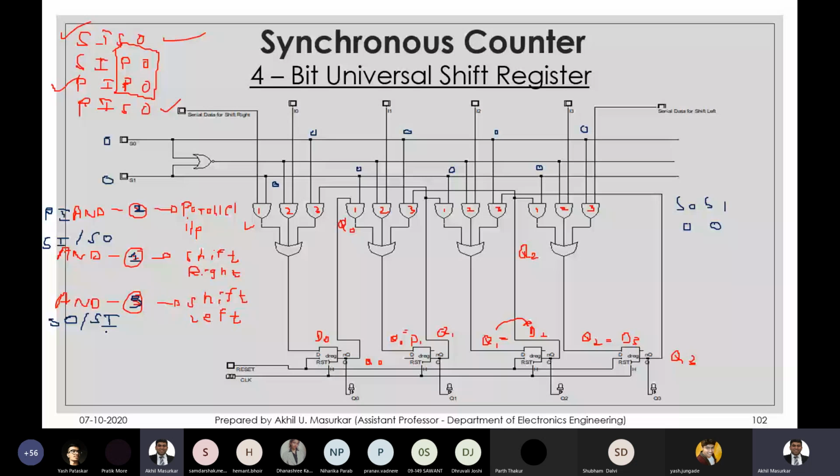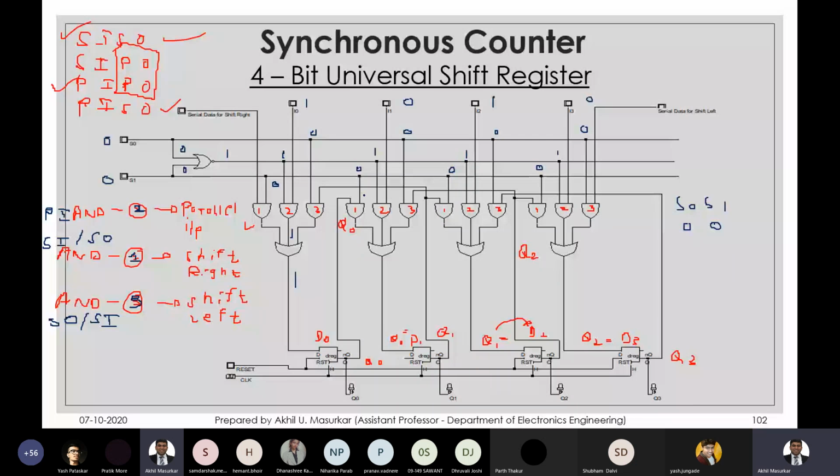Why? Because this is 0 0, this is a NOR gate, so here you will get 1. So like read and write, when you are operating serially, your parallel functions have to be disabled, and when you are operating parallelly, your serial functions have to be disabled. So here AND gate number 2, this will become 1, this will become 1, and this will become 1, and this will also become 1. So whatever you input here, let's say if you input 1 0 1 0, then 1 1 will give me 1 here.